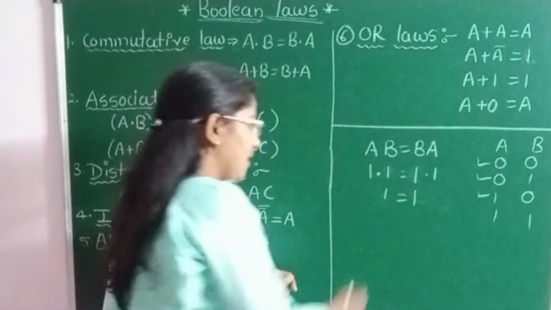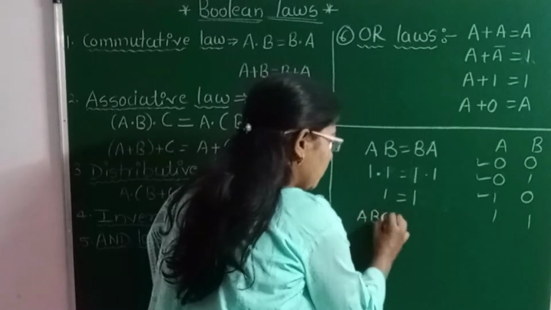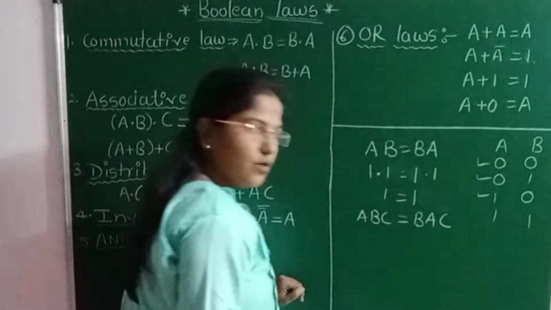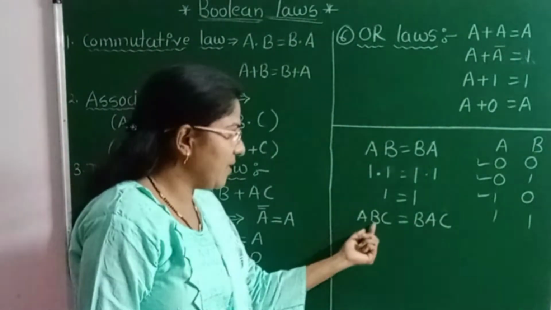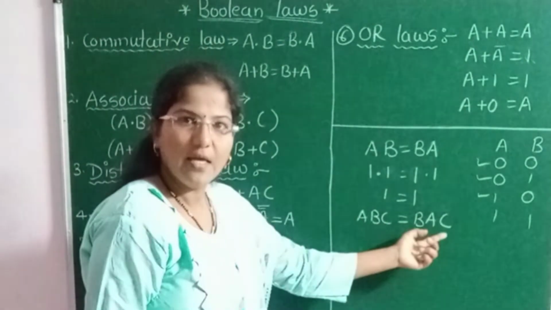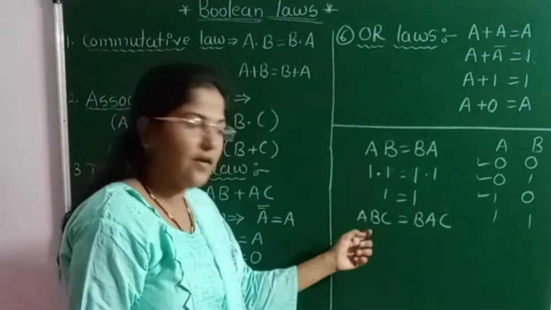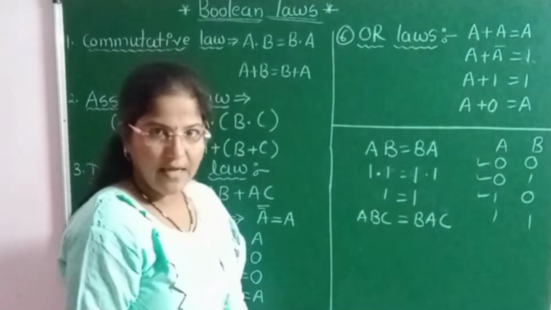For example, here I can write A into B into C equal to B into A into C. Actually here the order is A, B, C, and here it is B, A, C. It does not matter, the result is going to be the same for the left hand side as well as for the right hand side.